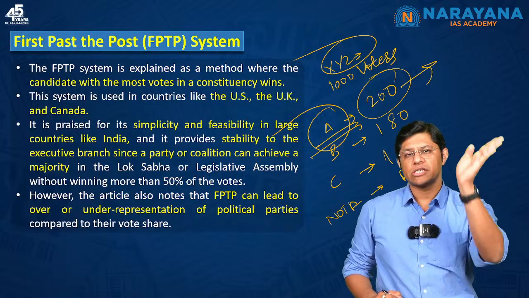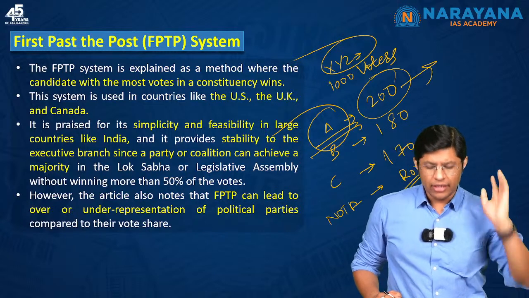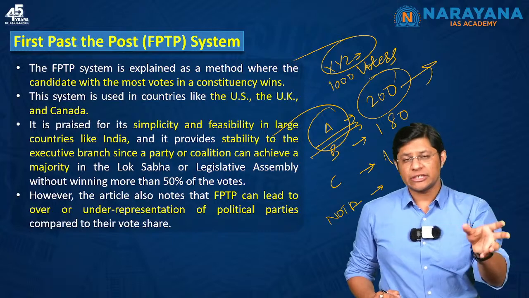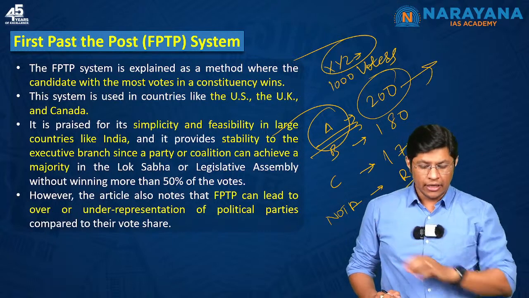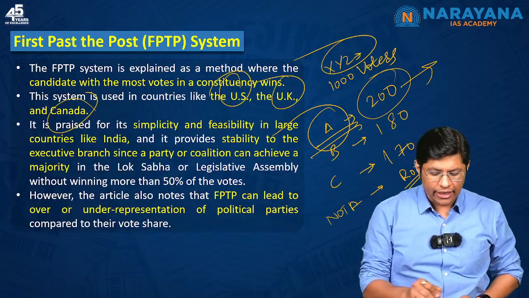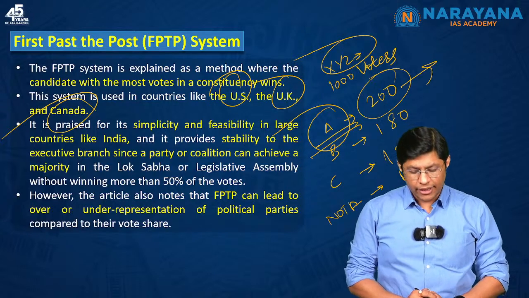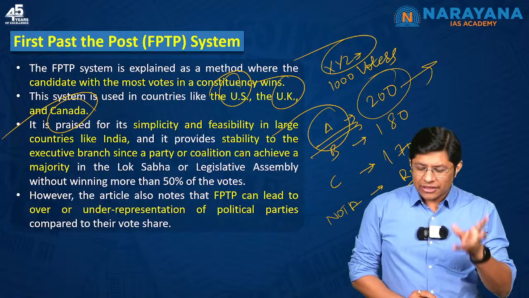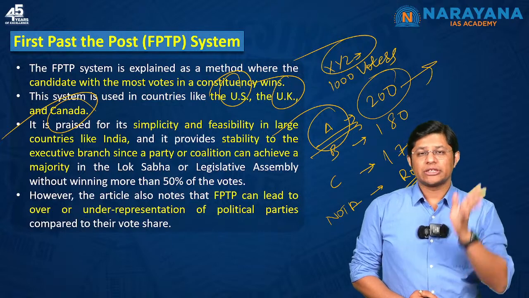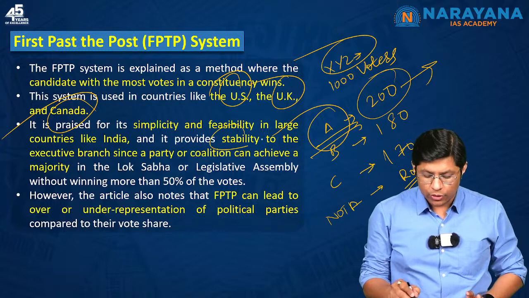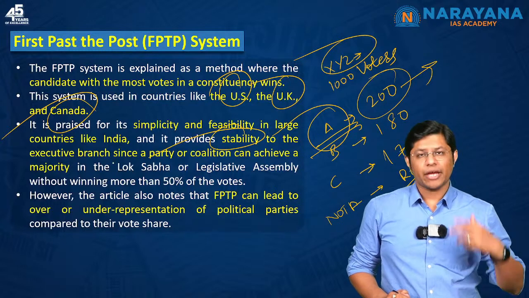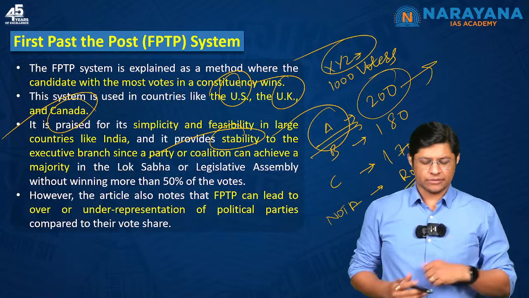Whoever secures the most votes will be declared a winner. This is very easy and feasible in large countries like India. Countries like USA, UK and Canada practice this system, right? India adopted it because it gives stability to the government.